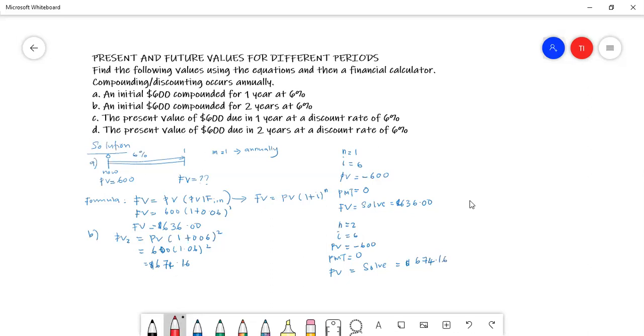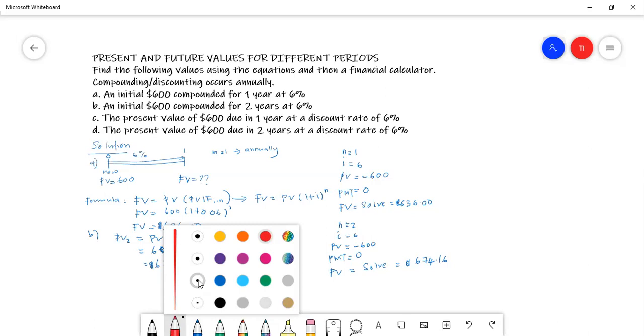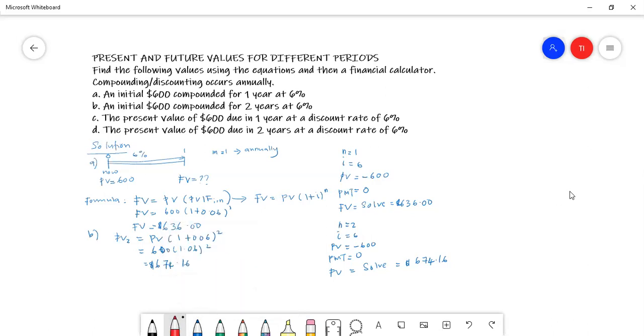Now let's go to question subsection C. Under subsection C, we want to find the present value.